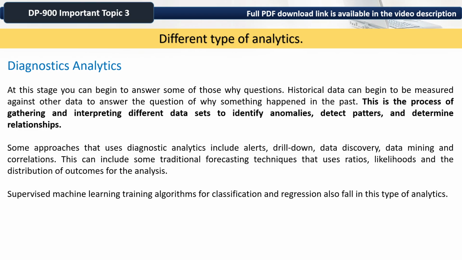This can include some traditional forecasting techniques that use ratios, likelihoods, and the distribution of outcomes for the analysis. Supervised machine learning training algorithms for classification and regression also fall in this type of analytics.